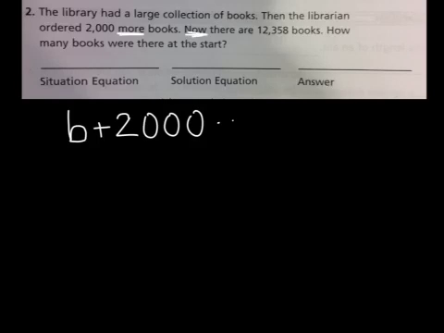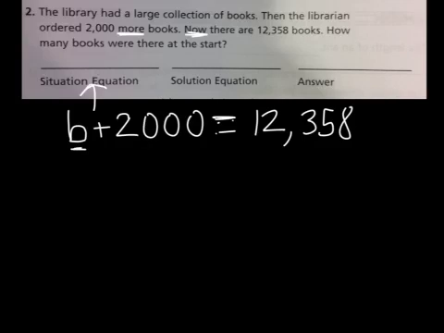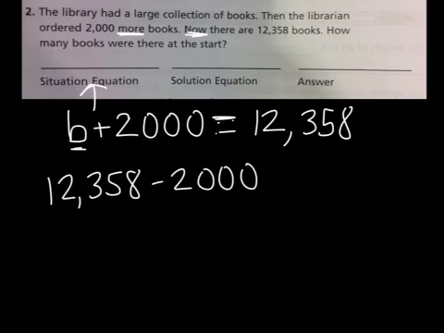Now there are 12,358 books. That's your situation equation. Now the solution equation makes the variable the answer. So we're going to take 12,358 minus 2,000 in order to figure out B. And then that's your solution equation. And then once you do that, that's going to be your answer.